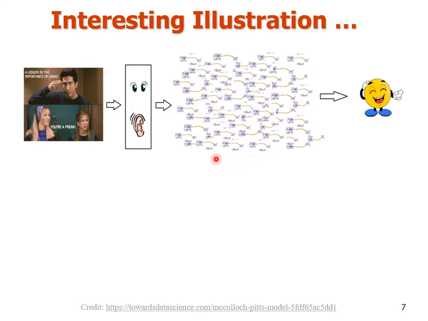The sensory organs pass the information to the first or the lowest layer of neurons to process it, and the output of the neurons from the first layer is passed on to the next layers in a hierarchical manner. Some of the neurons will fire and some won't, and this process goes on until it results in the final response. In this particular example, our final response is whether to laugh or not.